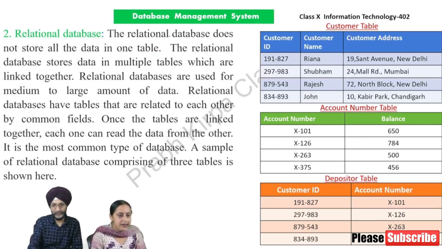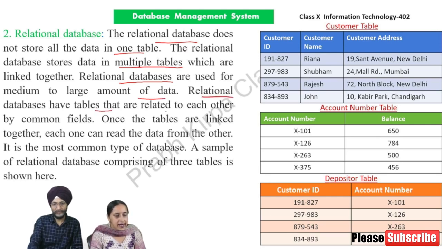Second, relational database. The relational database does not store all the data in one table. The relational database stores data in multiple tables which are linked together. Relational databases are used for medium to large amount of data. Relational databases have tables that are related to each other by common fields. Once the tables are linked together, each one can read the data from the other.